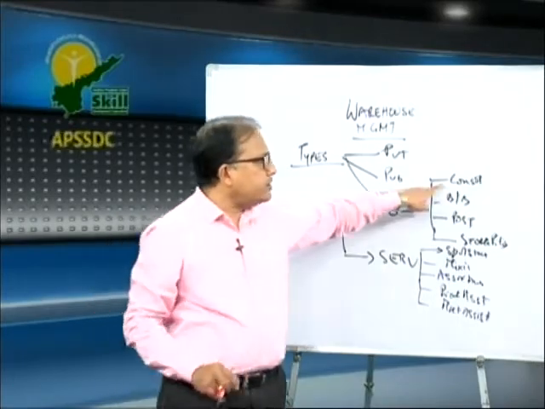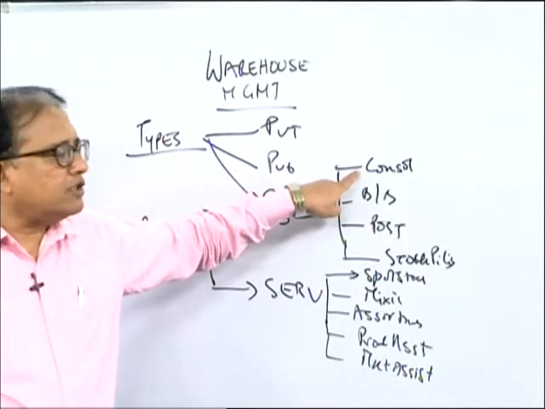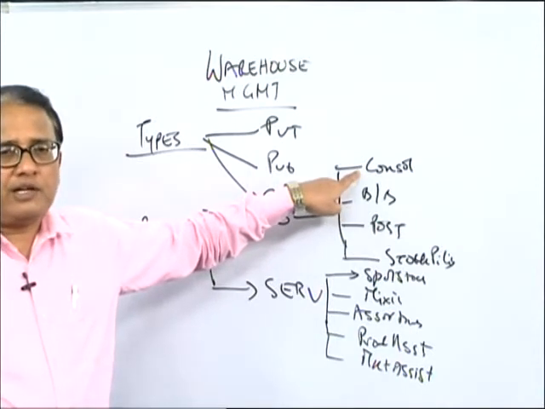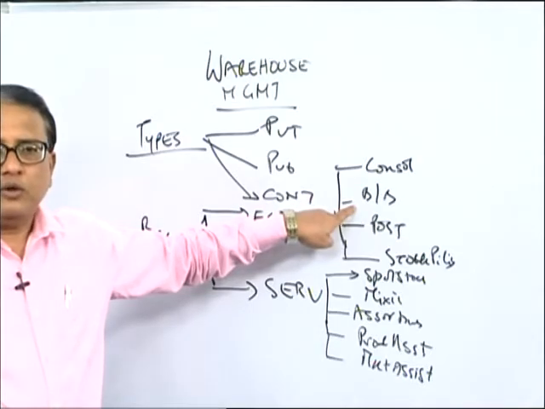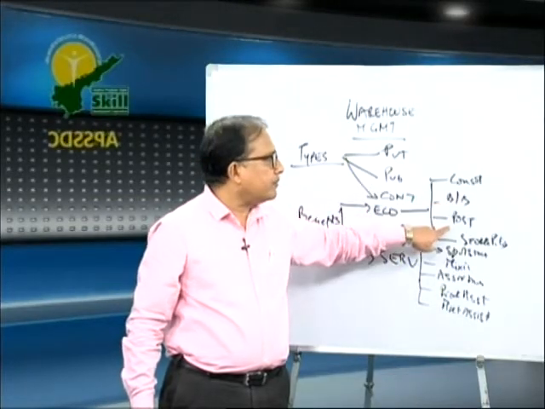So you see the difference: consolidation is multiple plants to a single customer, whereas break bulk is a single plant, single manufacturer to different customers.